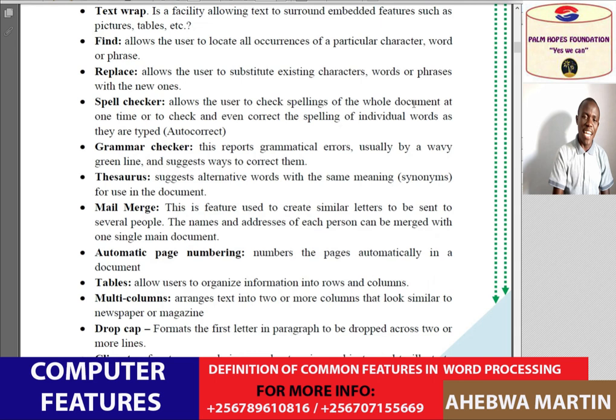It is mostly used by people in newspapers writing headlines. It starts with a big capital letter dropped through two or three lines, then the other characters continue beside that letter.